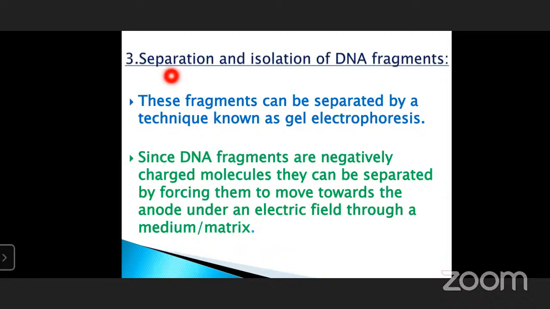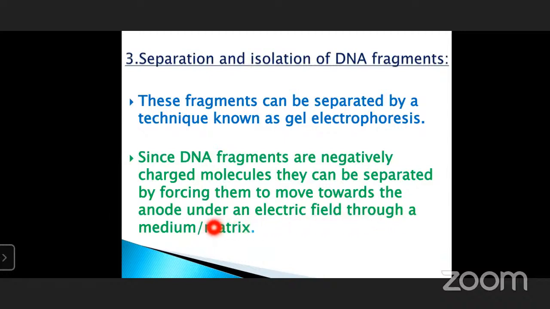Next, the third step is separation and isolation of DNA fragments. These fragments can be separated by a technique known as gel electrophoresis, agarose gel electrophoresis. Since DNA fragments are negatively charged molecules, they can be separated by forcing them to move towards the anode under an electric field through a medium or matrix.